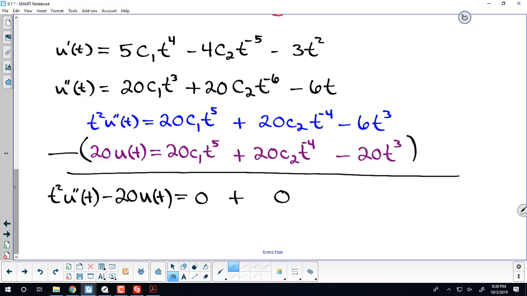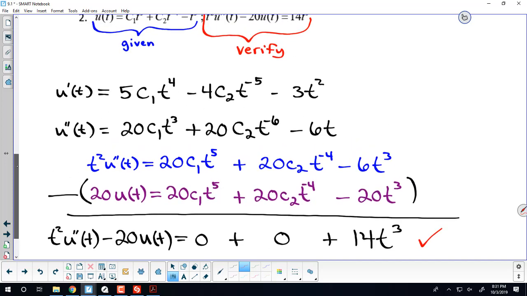We've got a minus 6t cubed plus 20t cubed, just 14t cubed. So that differential equation is satisfied by the solution u of t.